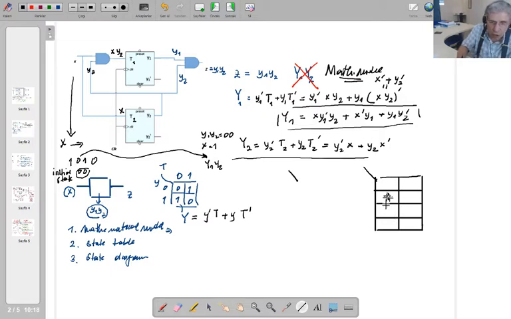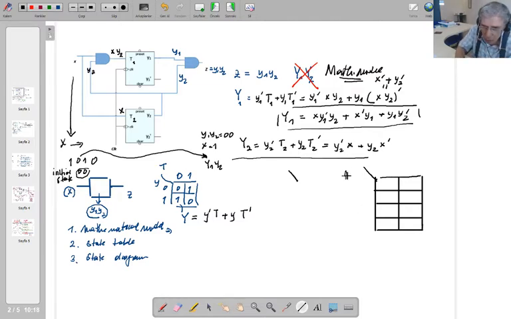Why am I using the Karnaugh map? You can use any other map. Why am I using the Karnaugh map? Because these functions are Boolean functions. So once you know the Boolean function, it is easy to transfer this function to a Karnaugh map rather than the other maps. So I'm going to put here the order of the Karnaugh map.